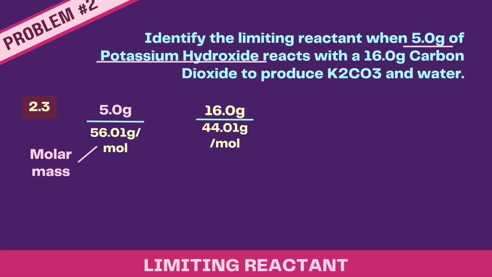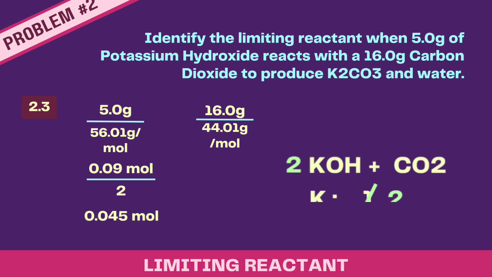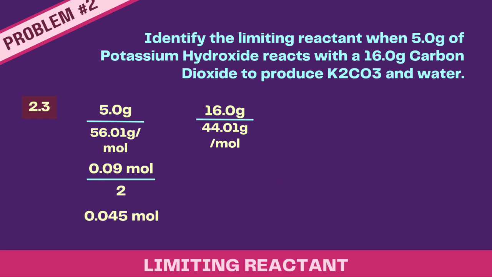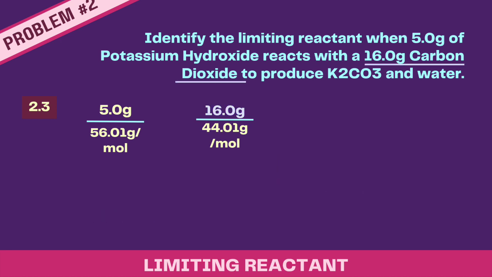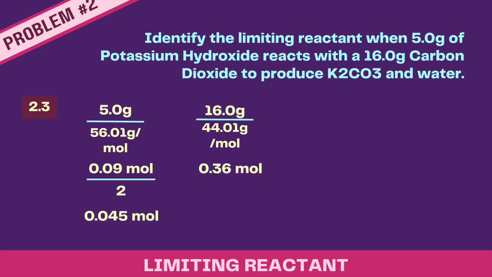Again, reactant grams divided by molar mass is the solution here. Therefore, for KOH, 5.0 grams divided by 56.01 grams per mole is equal to 0.09 mole. Divided by its coefficient, and we got 0.045 mole. For CO2, 16.0 grams divided by 44.01 grams per mole equals 0.36 mole.